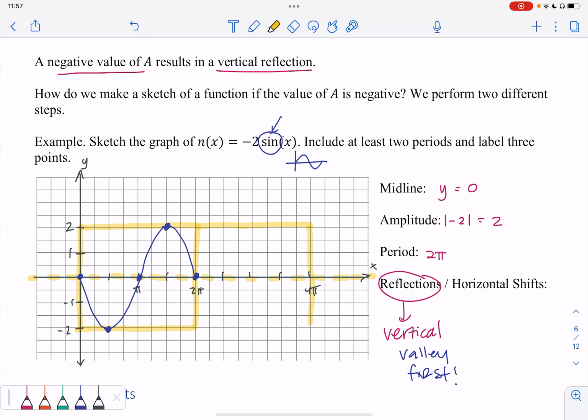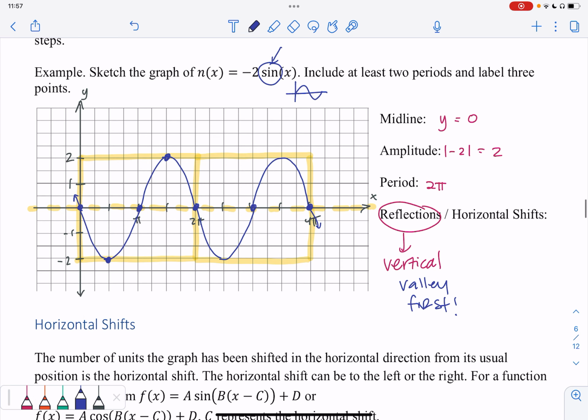I'll just extend it out that way. Okay. And now I'm ready to just draw in again. So I've got my valley first again because of that reflection. And then I need arrows at the ends of my graph.